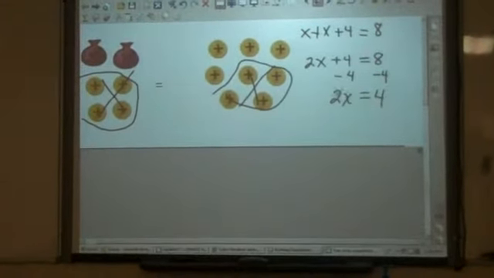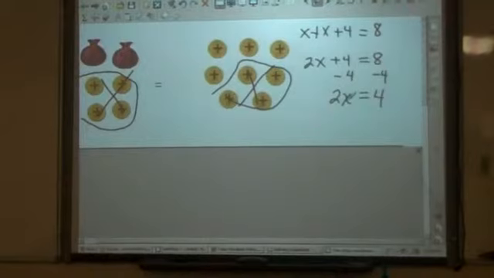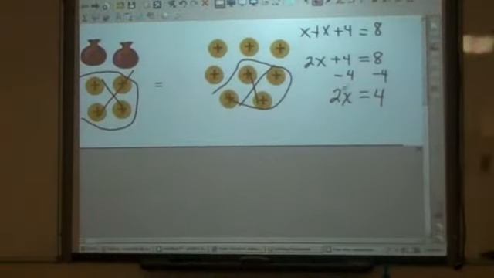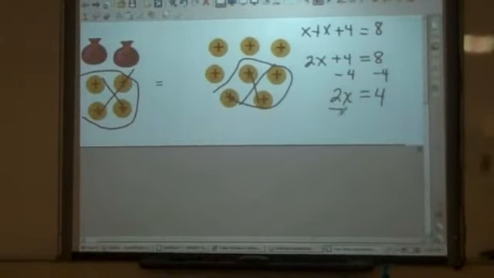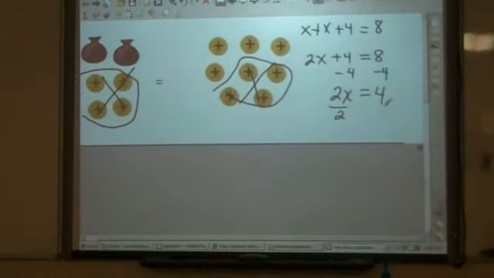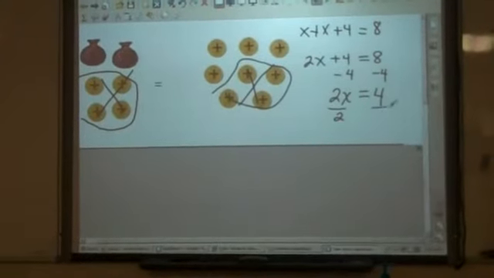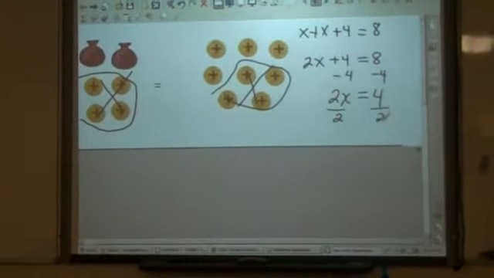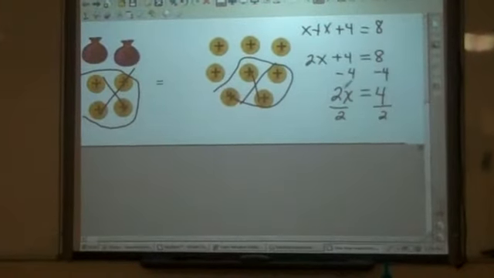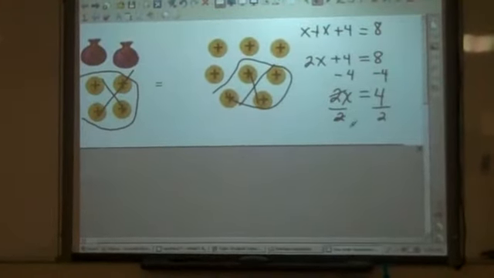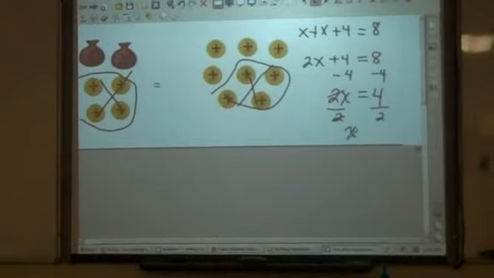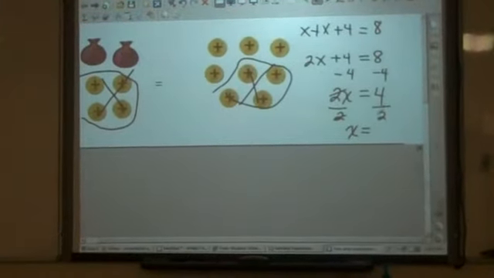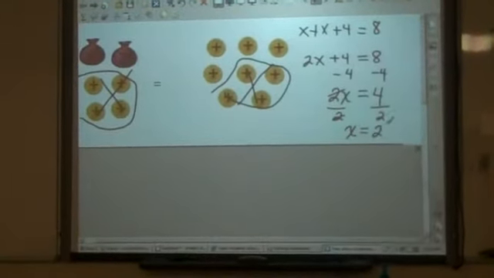So notice I have 2 multiplied by x. And to undo multiplication, I would divide by 2. In order to keep things balanced, I would have to divide by 2 on the other side. 2 over 2 is 1x, which is just x. And that equals 4 divided by 2, which is 2.